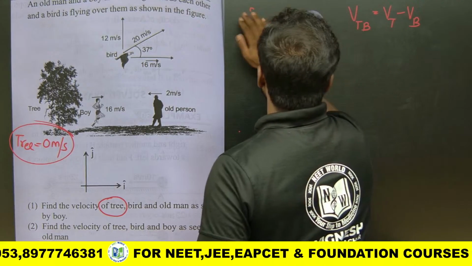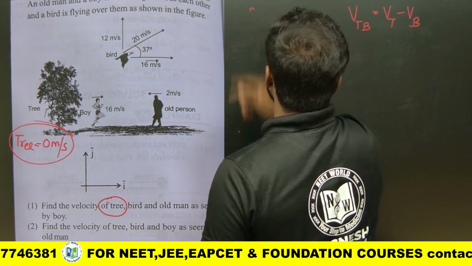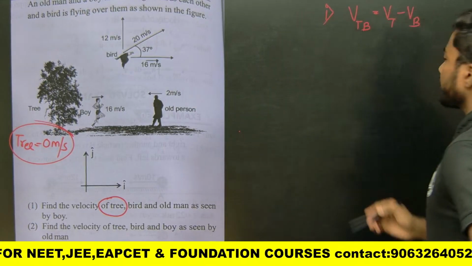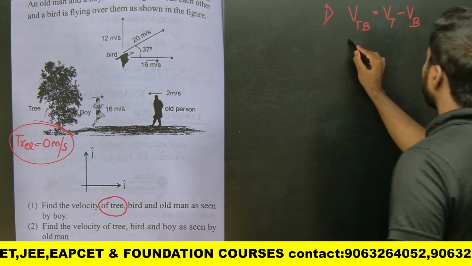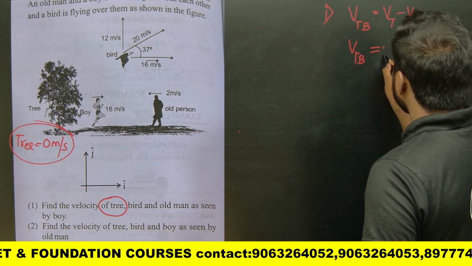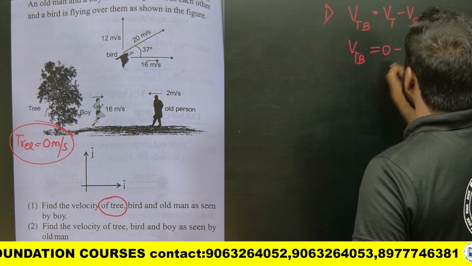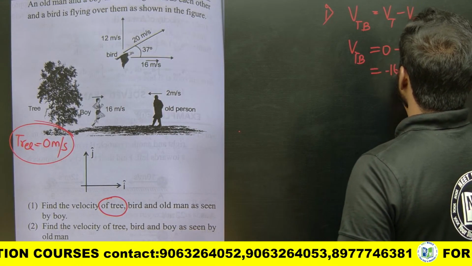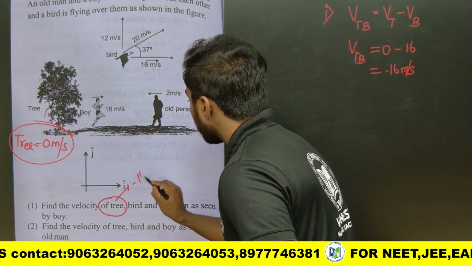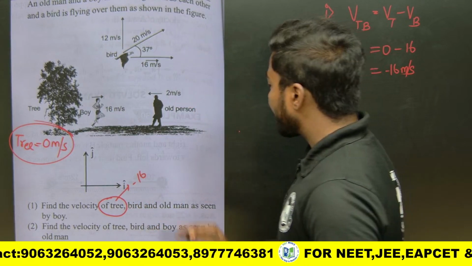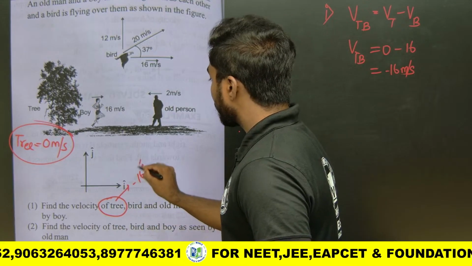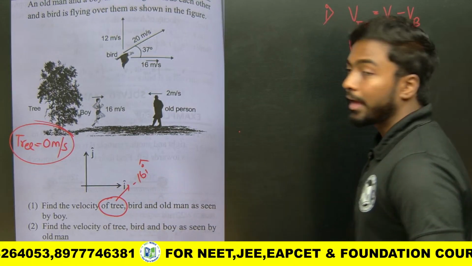The velocity of the tree is 0, the boy's velocity is 16, so it is minus 16 meter per second. Minus 16 means it is in the negative x axis, so minus 16 i cap.